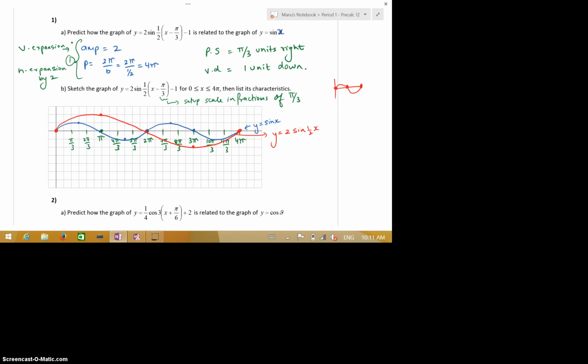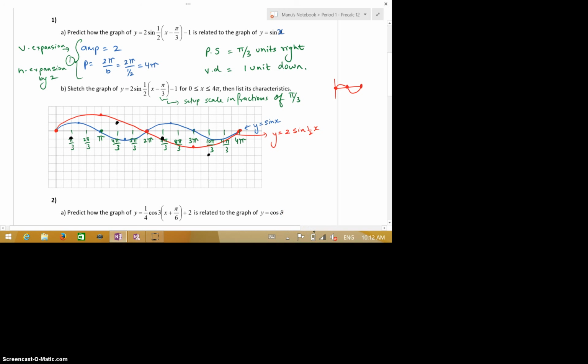So I'm going to take each of my key points, I'm going to move them pi over 3 to the right and then 1 unit down. So 0, 0 is going to end up at pi over 3, negative 1. Pi, 2 is going to end up at 4 pi over 3, 1. 2 pi, 0 is going to end up at 7 pi over 3 and negative 1. 3 pi, negative 2 is going to end up at 10 pi over 3 and negative 3.